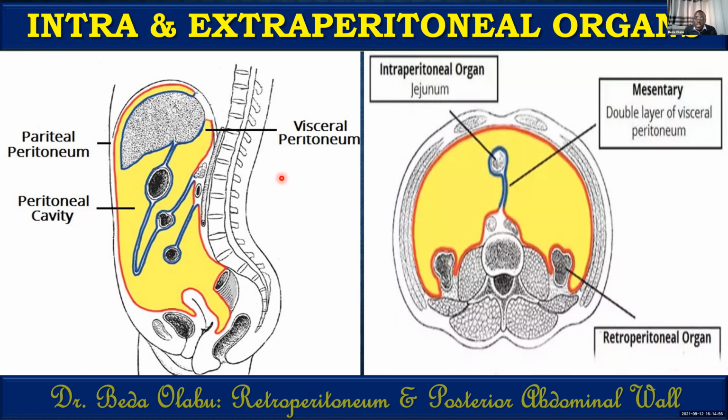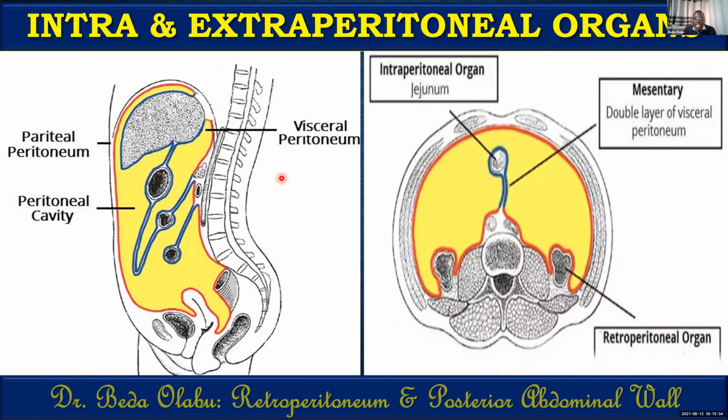The visceral peritoneum will line organs which are suspended within the abdomen. These organs are suspended by a double fold of the visceral peritoneum, and that double fold is what we call the mesentery. So there are some terminologies here that we need to understand: the term intraperitoneal, the term extraperitoneal, and perhaps the term retroperitoneal.